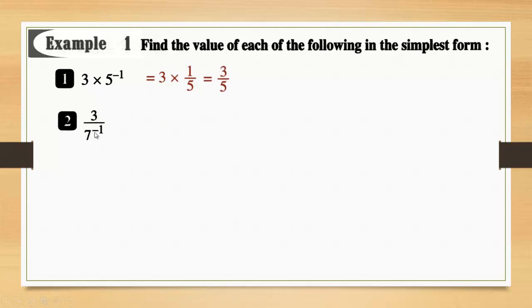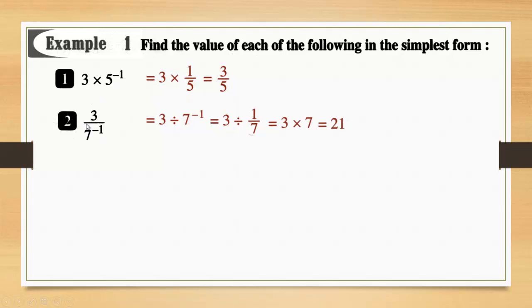Number 2, 3 over 7 power negative 1. We convert this negative power to 7 in the numerator. So the result equals 3 times 7, which equals 21. Be careful with this question. In the first one we had a multiplication sign, so we changed 5 power negative 1 to 1 over 5 and multiplied the two parts.